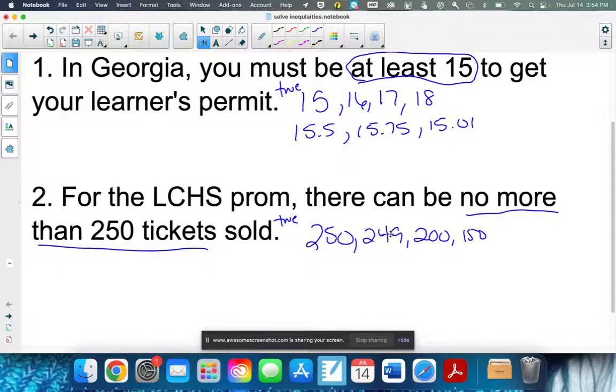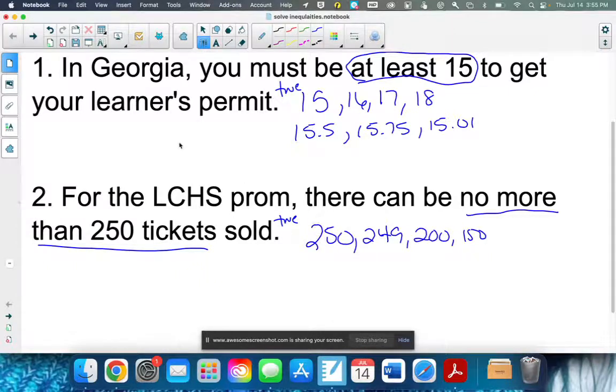Now, for something like this, you would not allow decimals, right? Because you can't sell half a ticket. But you also cannot sell, and again, I don't know if this is true or not, they may have made it a different number, it's just an example, you cannot have 251 tickets. So 250 is the highest amount you can have.